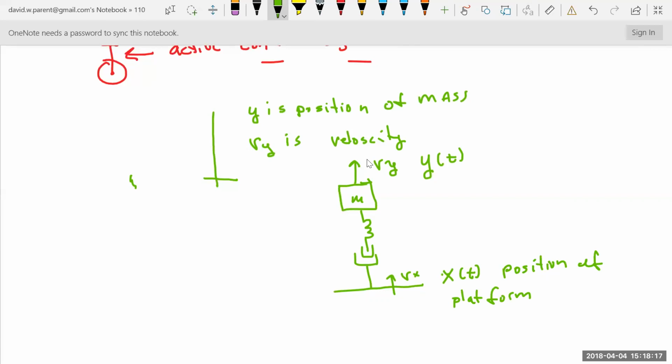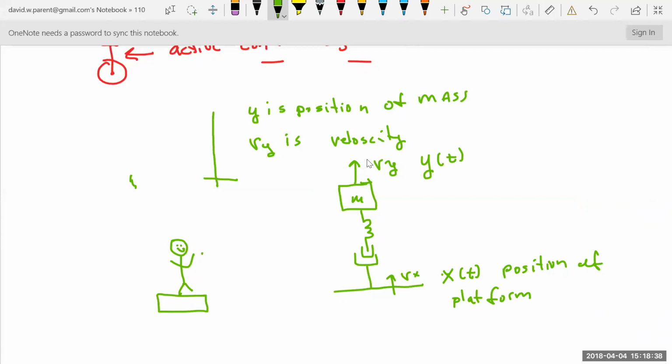So this could be an elevator. Here's me in the elevator.